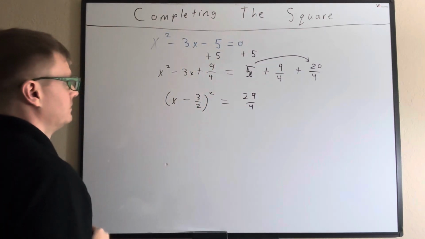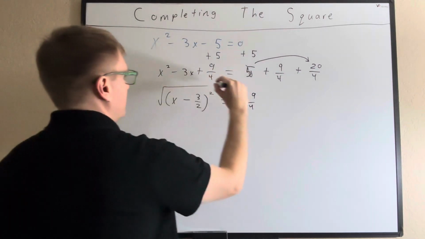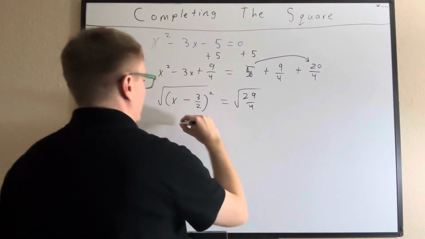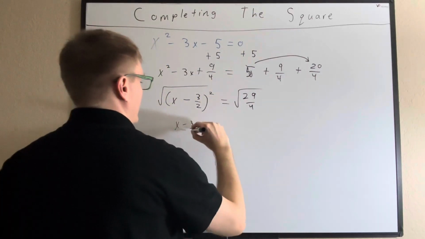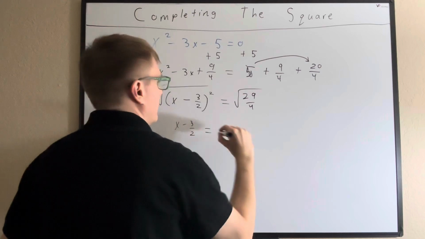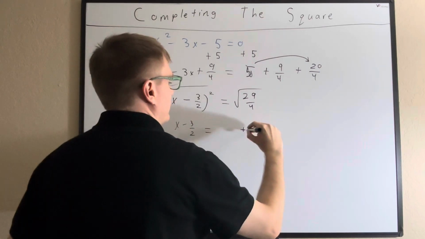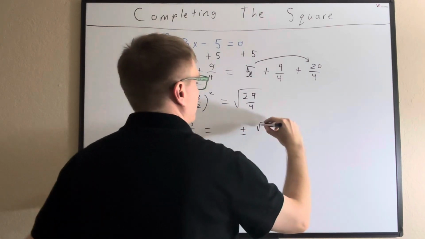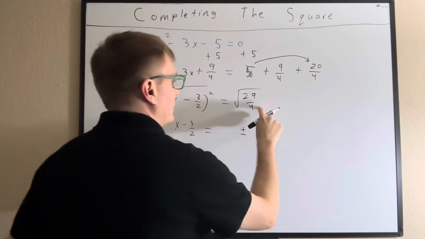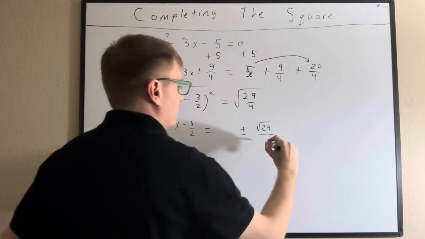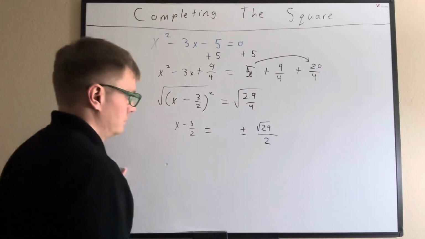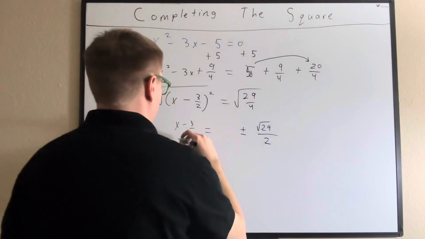All right. Square root rule. Square root both sides. X minus 3/2 equals positive negative square root of 29 over 4. Rationalize the denominator. Square root of 4, it's just 2. That was nice.